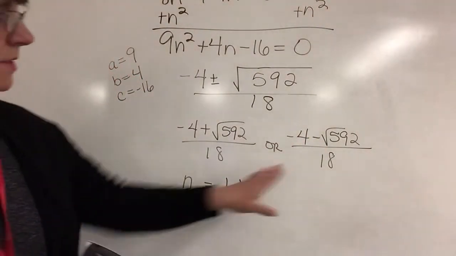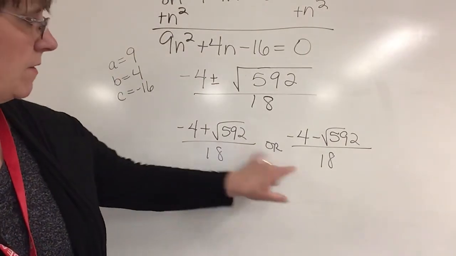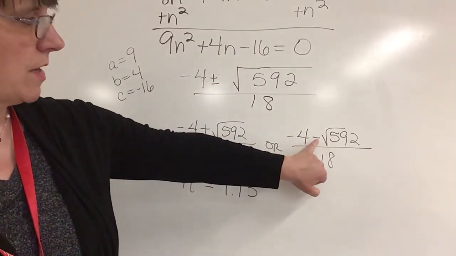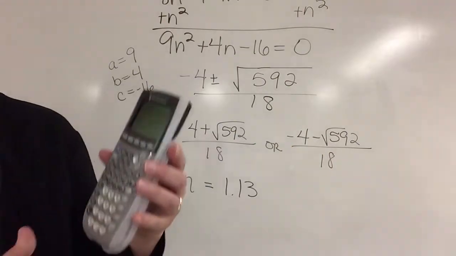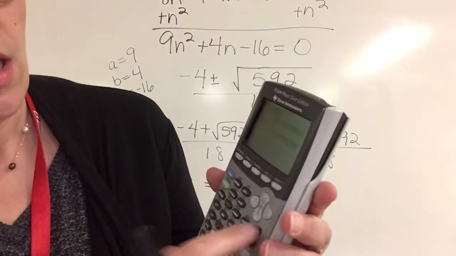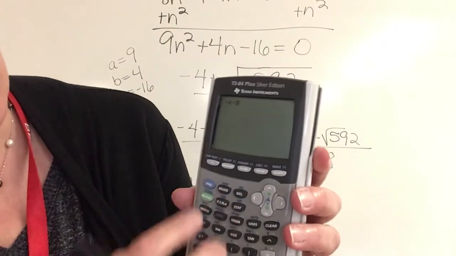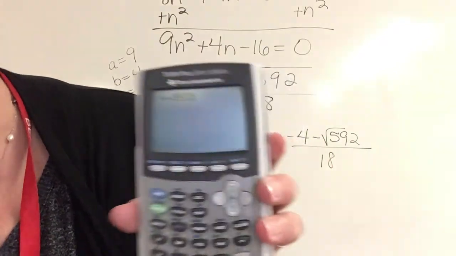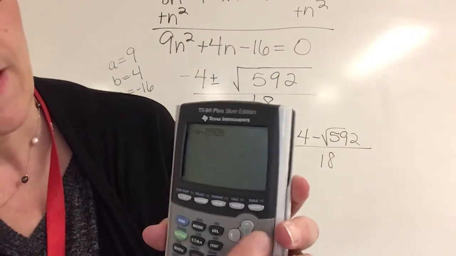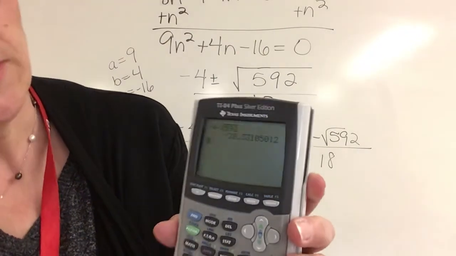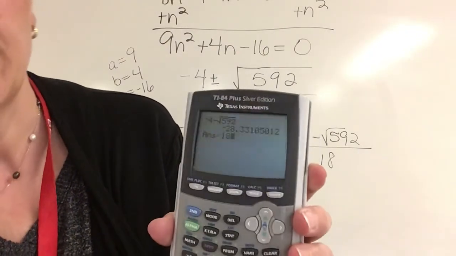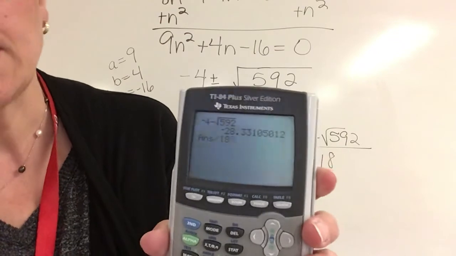Okay, now I'm going to type in the same thing, but instead of adding the square root of 592, I'm going to subtract the square root of 592. I'll clear that out. -4 minus the square root of 592. And then I have to divide by 18 again. And you might think, well, you're going to get the same answer.